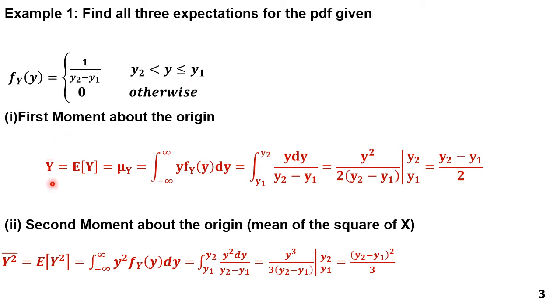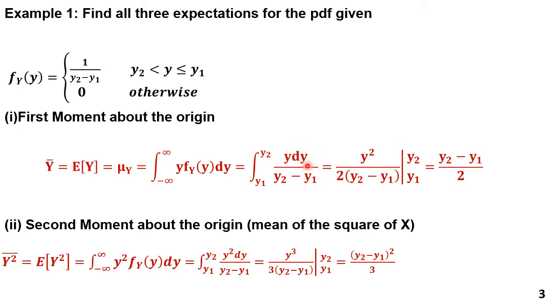So y bar, that is equal to E of y is equal to mu y is equal to the integral of y fy of y dy between the interval minus infinity to infinity. So let us try to define this. Y multiplied by fy of y, which is given as 1 divided by y2 minus y1.